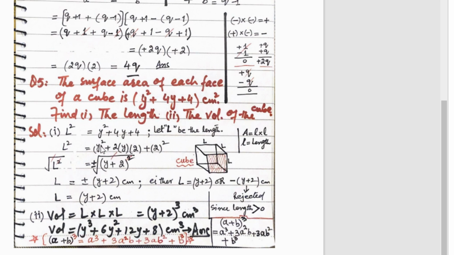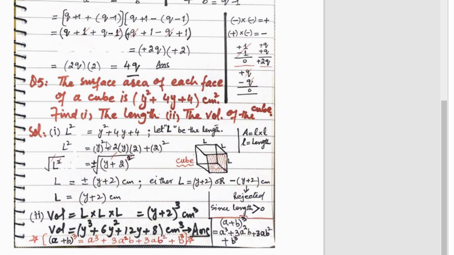Okay, so can we write down this whole expression in the form of y plus 2 whole square? I have explained many questions where we have represented an expression in the form of a whole square.